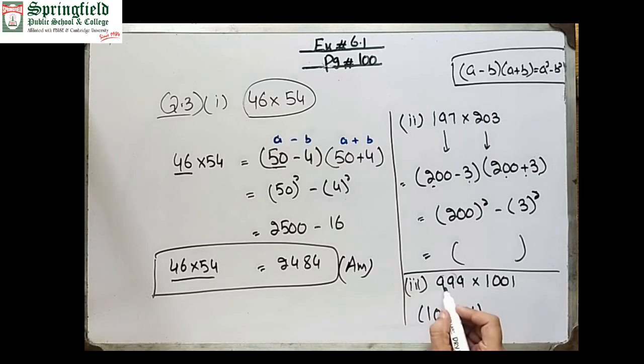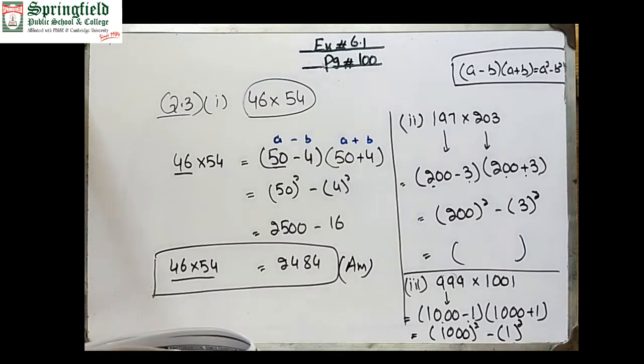Then 1001 can be written as 1000 plus 1. So A minus B, A plus B will become 1000 square minus 1 square. Now solve it and find out the final answer.